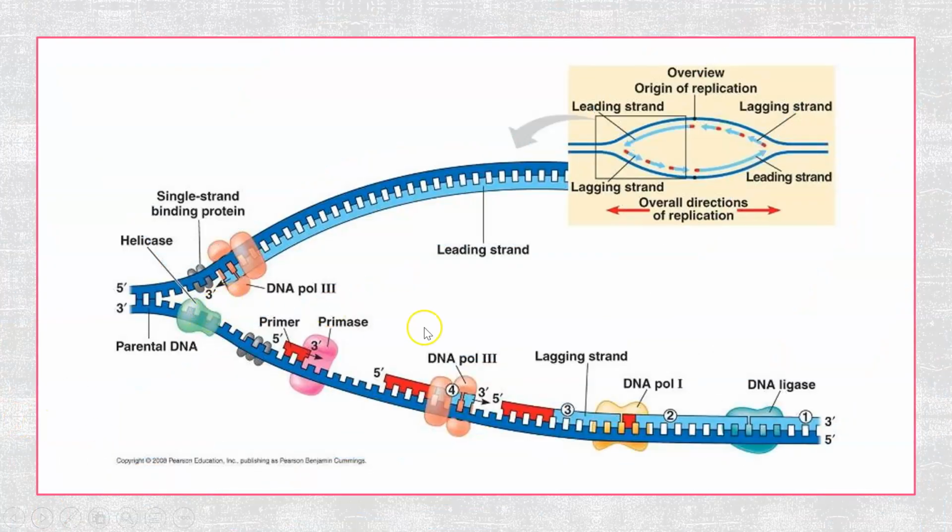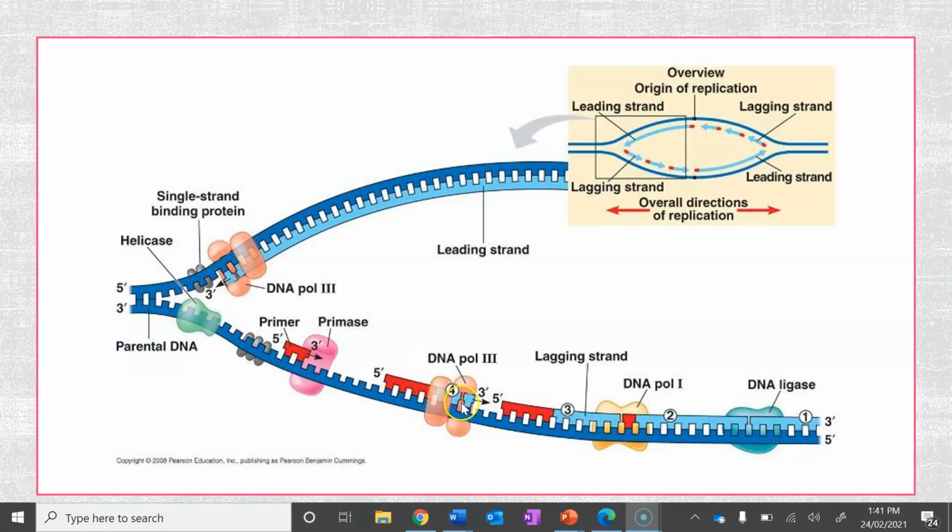Okay, so the free nucleotides are bonded with their exposed nucleotides, depending on the base pairing, and then the sugar phosphate bond occurs between these free nucleotides.